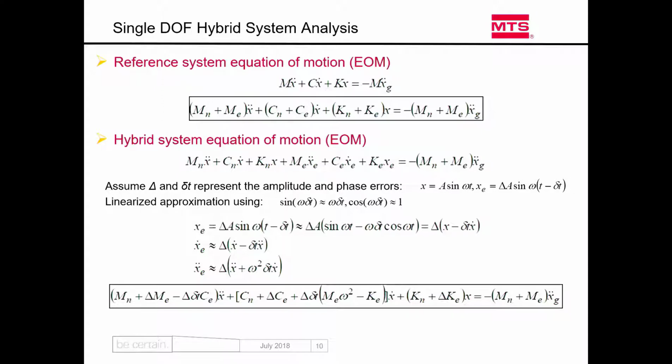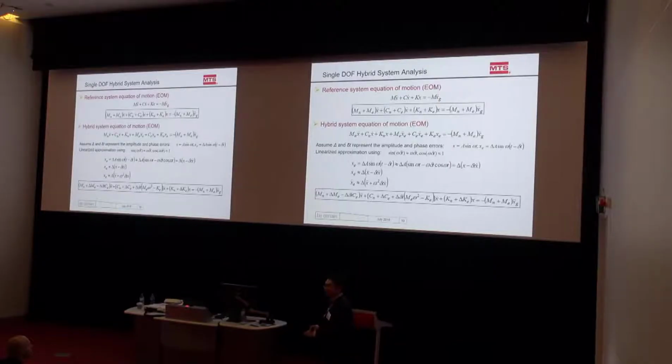And if you have a very stiff structure you are testing there, it doesn't take much of a control error here. This system will go to a negative damping part. Then the system will go unstable immediately. Before you even start your code, the test will blow up. So that's the nature of this negative damping.